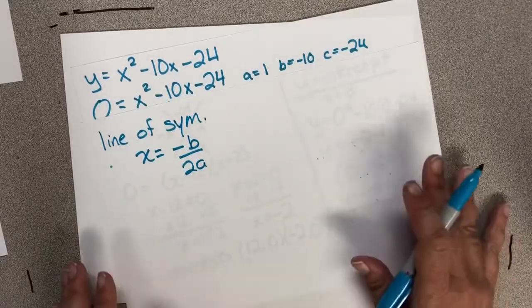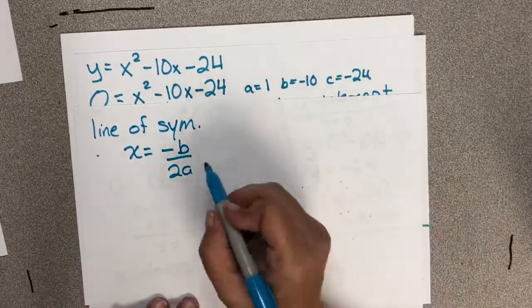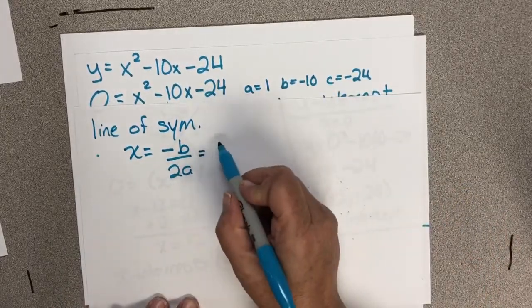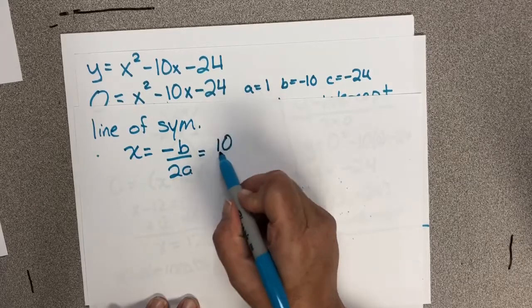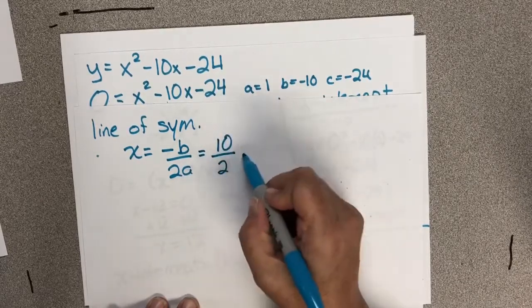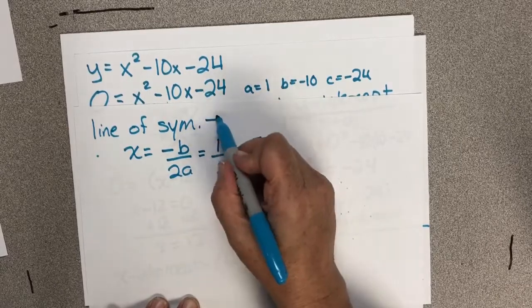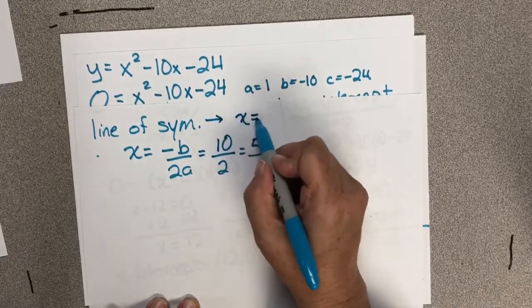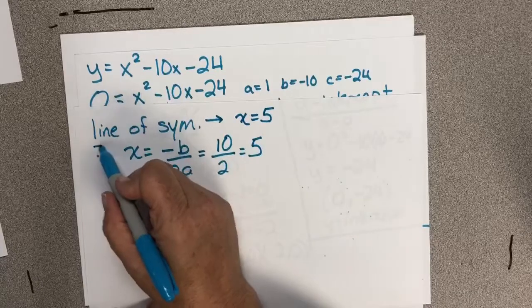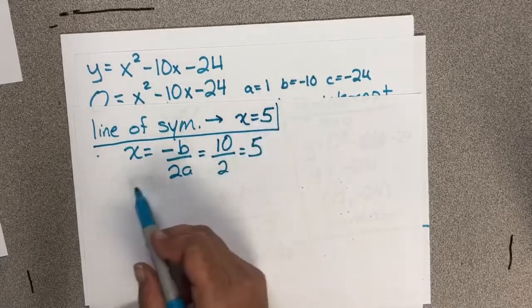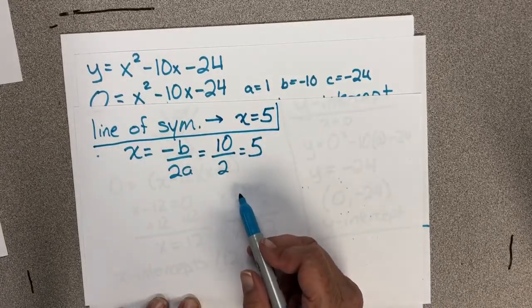Earlier we said that b was negative 10. So that's going to equal negative negative 10, positive 10, over 2, equals 5. So our line of symmetry is x equals 5. So be sure to clearly label that on your paper and show me that you did the work.